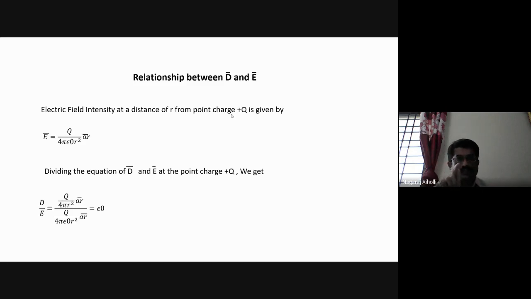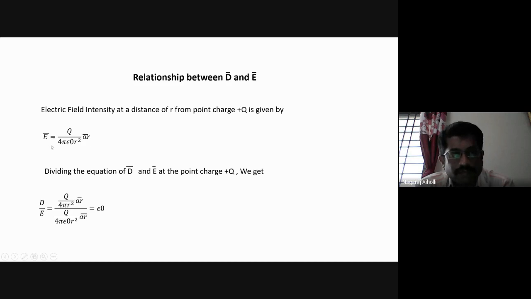We have to write down the formula for the electric field intensity at some point at the distance r from the charge plus Q. We know the formula already: E bar is equal to Q by 4 pi epsilon naught r square into aR bar.